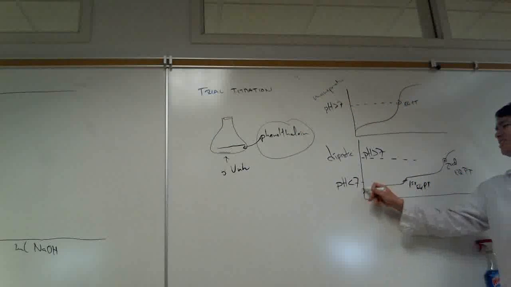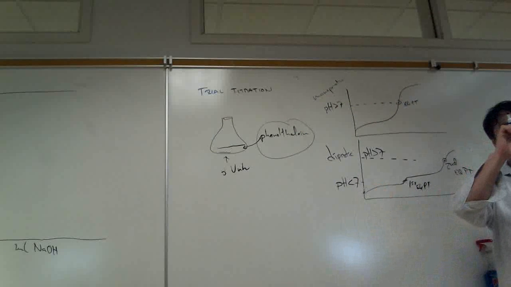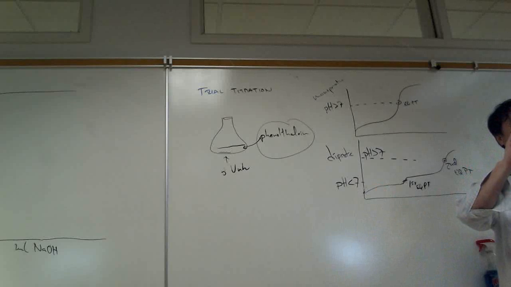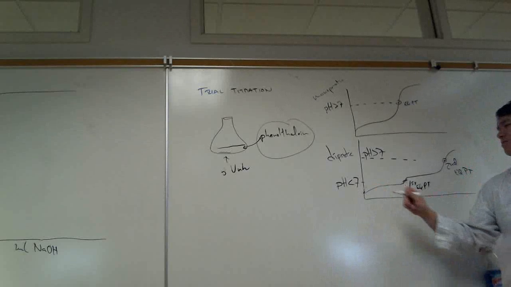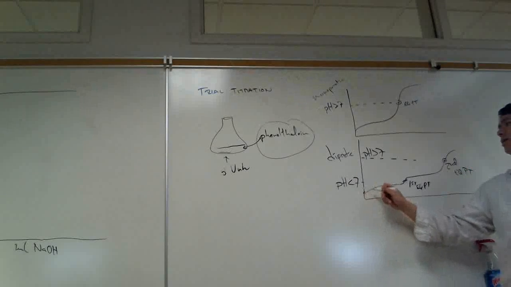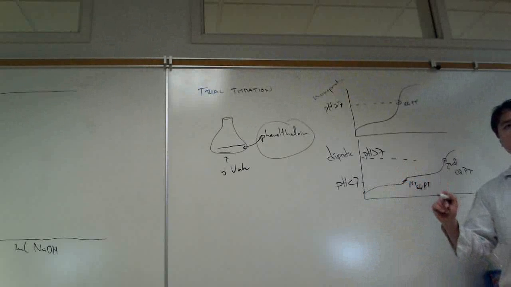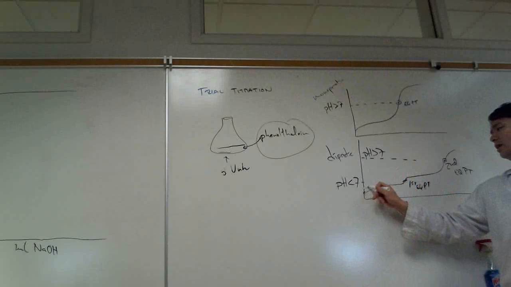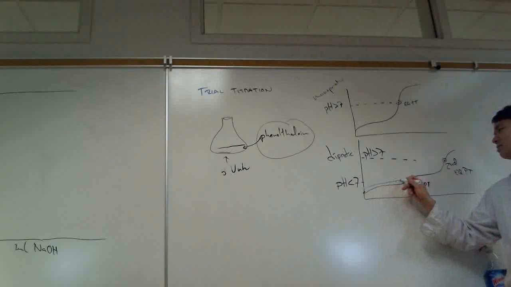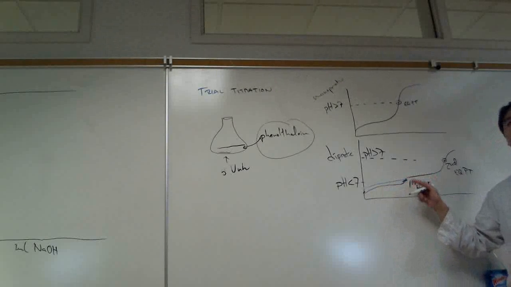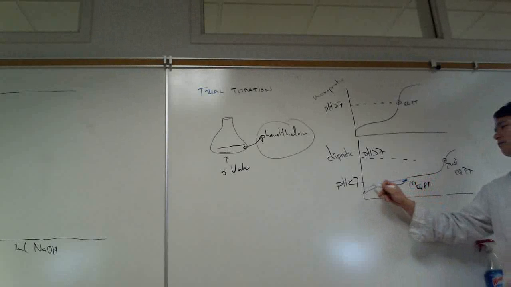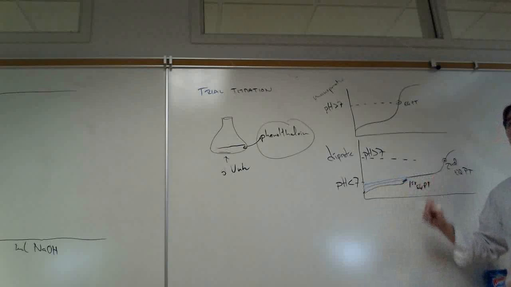Number two, what happens if you have to add more water to submerge the probe? It becomes more dilute. And when you're adding base, the pH can't go down. When you're adding base, the pH has to go up. And so there's only going up from here, which means that this first equivalence point is barely a blip. And in fact, if it's too dilute, what's going to happen? You're not even going to see it.